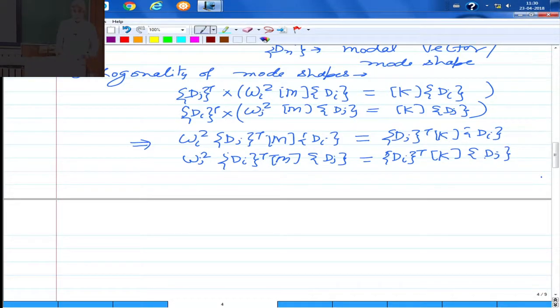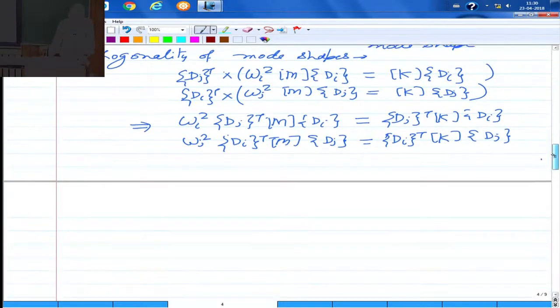So the first one multiplied with dj transpose gives this, and the second one multiplied with di transpose gives this. Now k is a capital N by N matrix, this is an N by 1 vector, and its transpose is 1 by N. So finally this multiplication is going to be a scalar number.